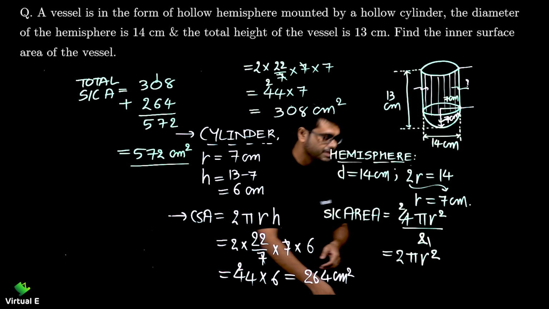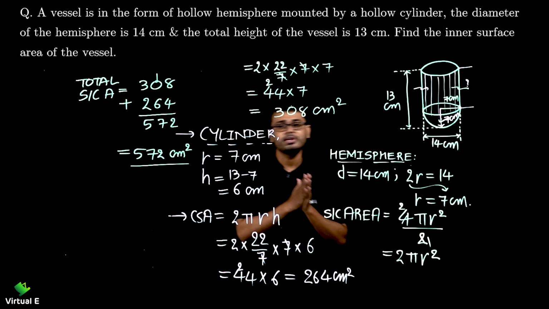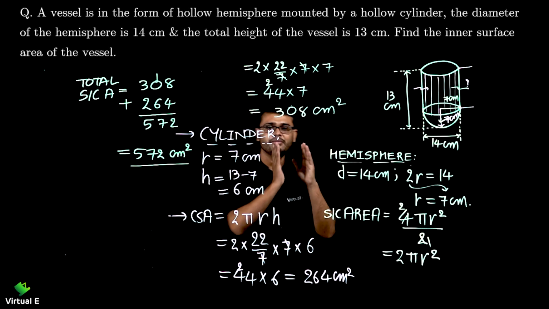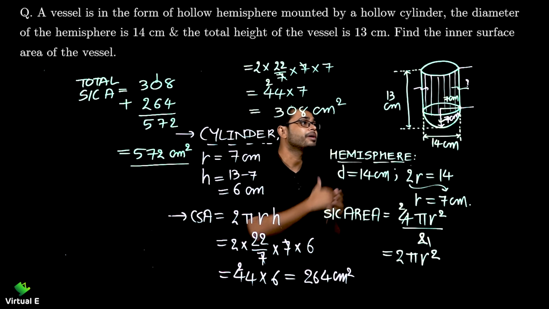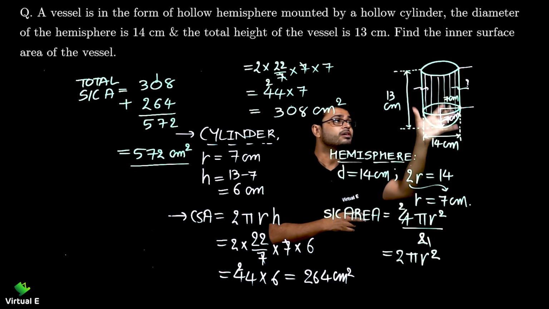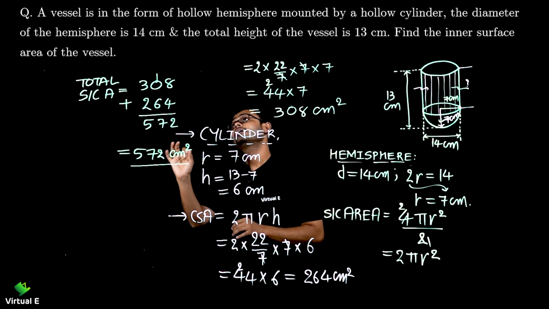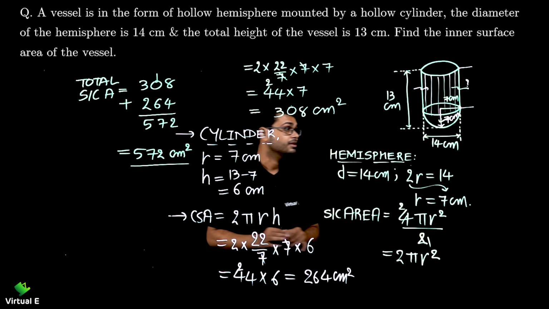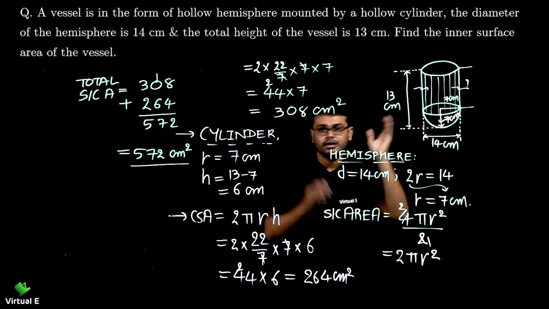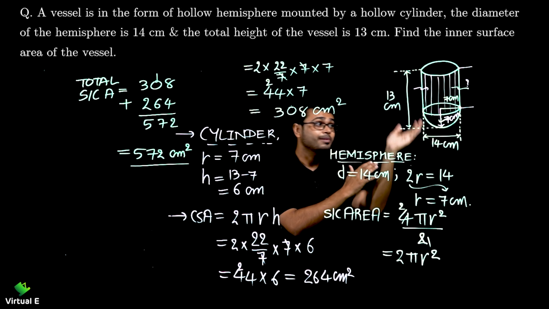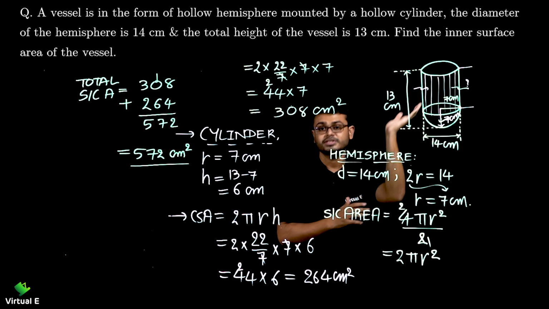Now let's recall the steps. First of all, draw this figure. It will be easy to understand rather than just imagining the figure in your mind. Draw on the paper, it will be good. So we have hemisphere, we have cylinder, and it's given that we need to find the area of the inner surface. So we find the surface area separately of the hemisphere and of the cylinder.